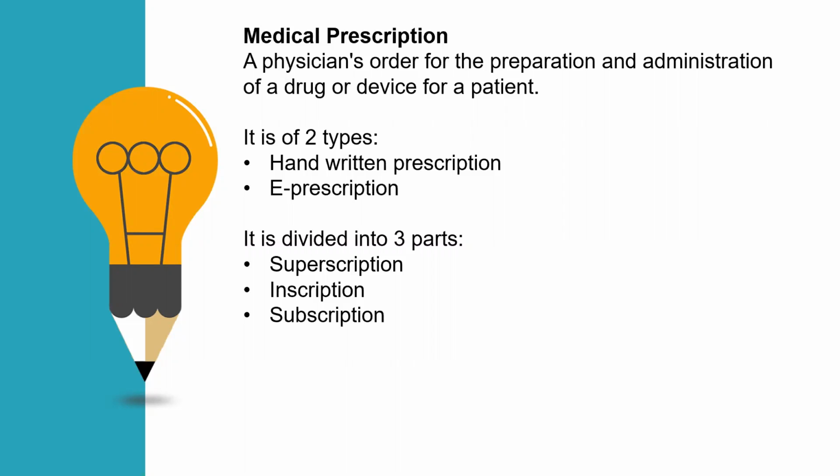Inscription contains the names and quantities of the drugs that have to be consumed by the patient. Coming to subscription, this is actually the instruction to the pharmacist. How many medicines have to be dispensed and in what form or in what number for how many days and all, everything is involved in the subscription part of it.